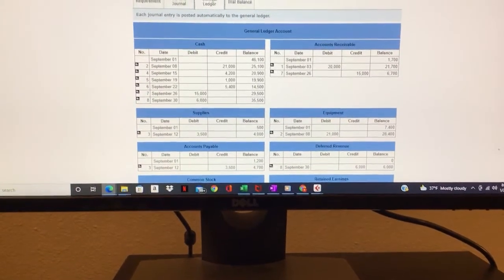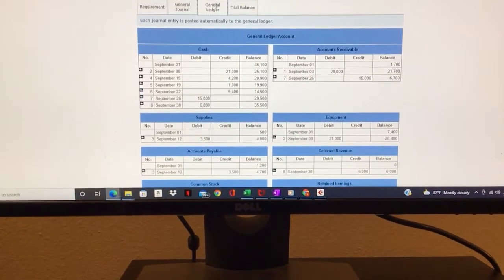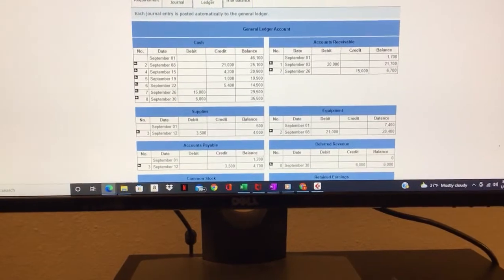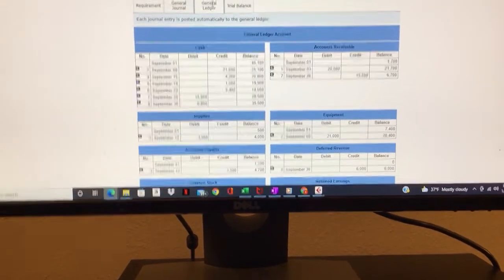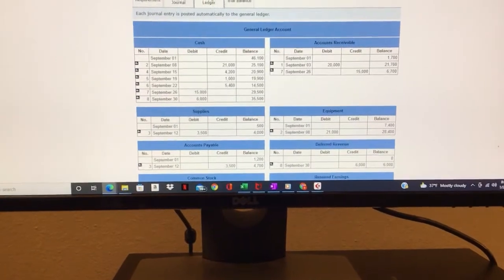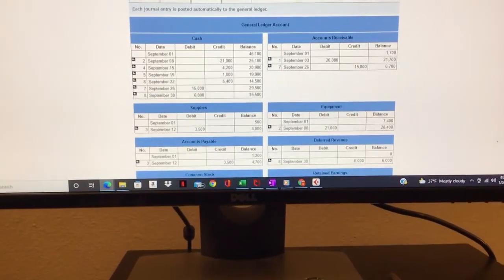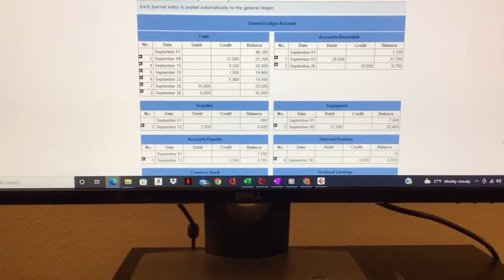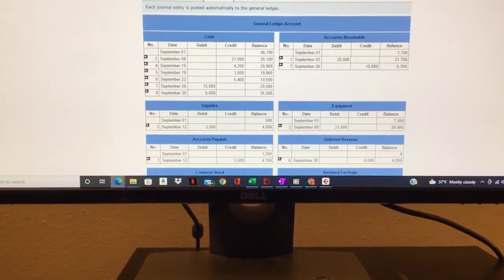So after we record each general journal entry and we have debits to accounts and credits to accounts, we find those accounts here on the general ledger and we record there.